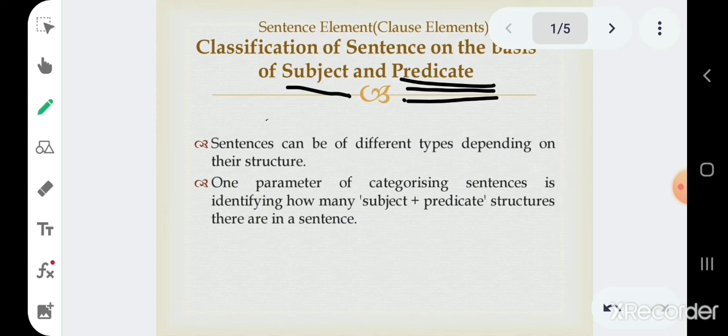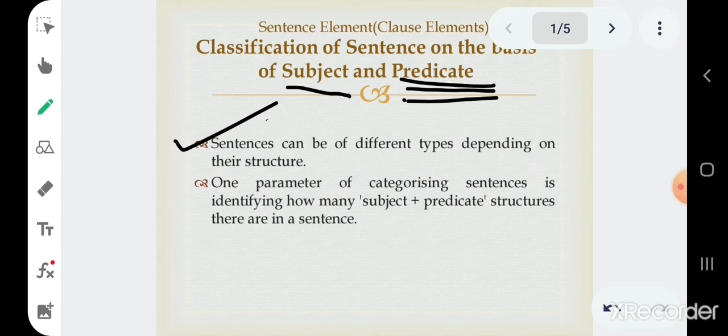Depending on the number of subject and predicate structures in a sentence, there are different kinds of sentences. Otherwise said, sentences can be of different types depending on their structure. It's quite simple.